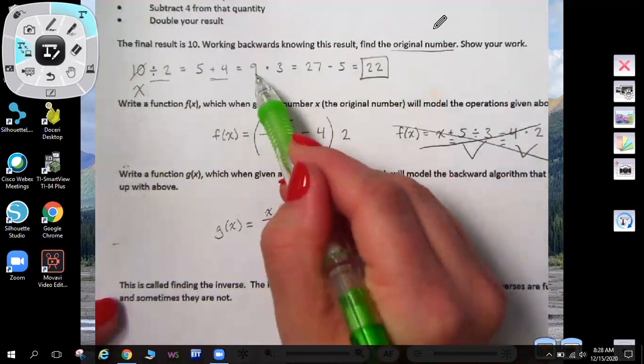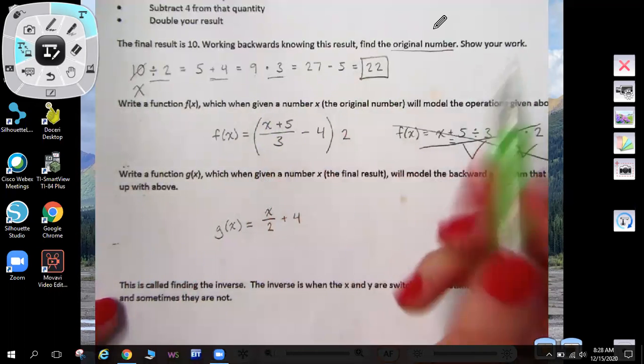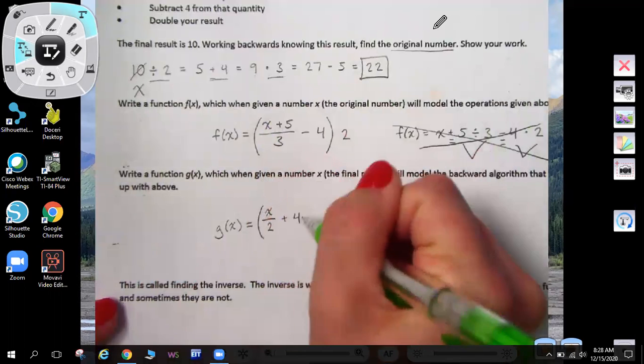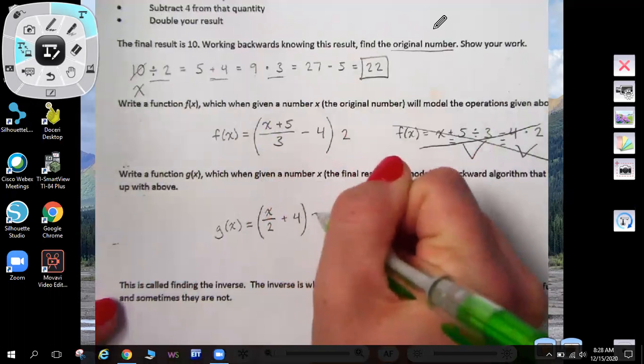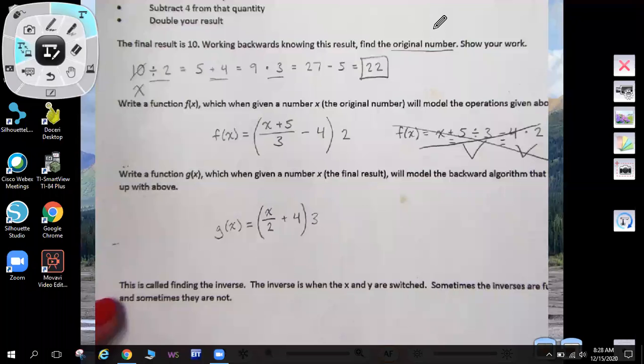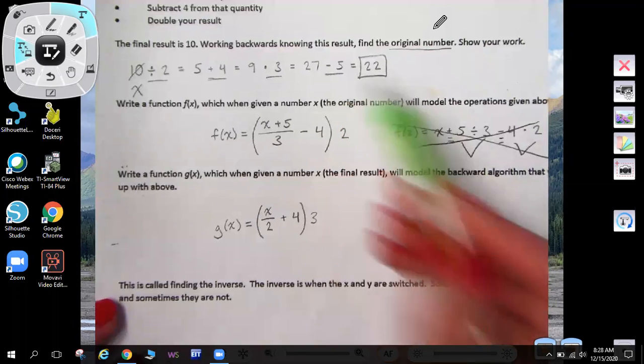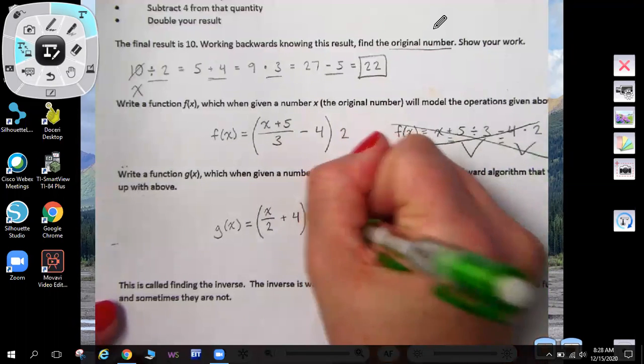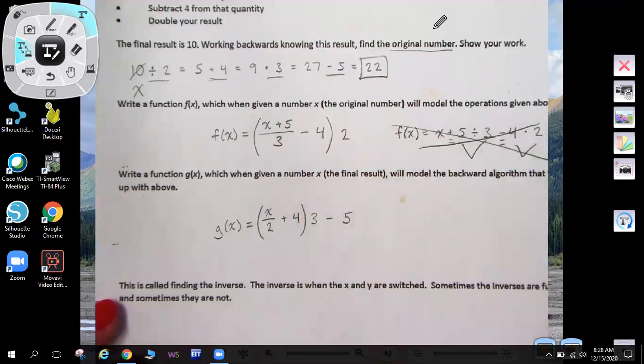Then we took our result and we multiplied by 3. So we have to take all of this and multiply by 3. Then we subtracted 5 from that. Minus 5.